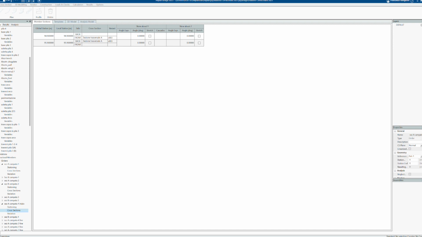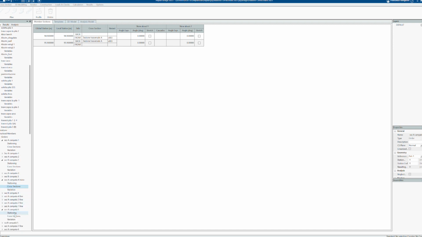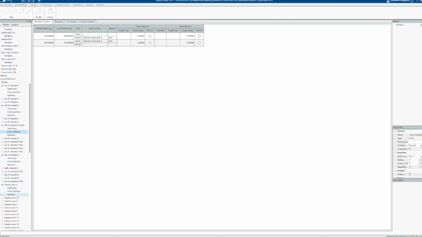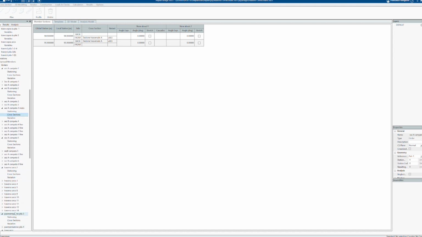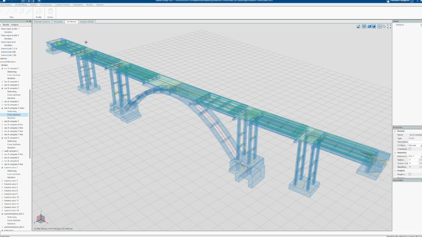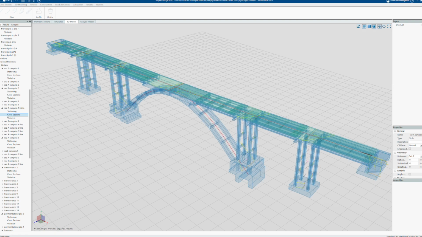This was done for each of the structure's elements, and thanks to Allplan Bridge's ability to verify the various associations, the overall work proved to be way less complicated than expected from a project this complex.